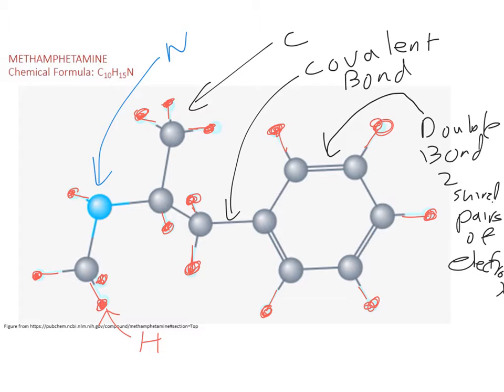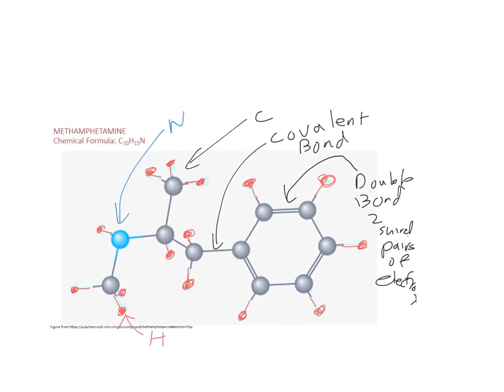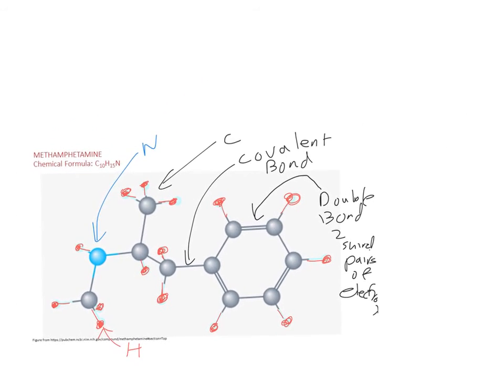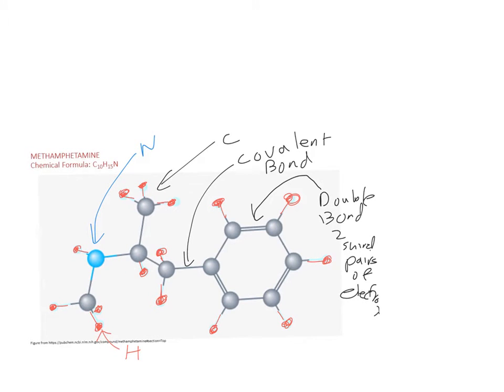Meth is a classic example of a type of compound known as an organic compound, and it necessitates us discussing organic chemistry. When a chemist says they're studying organic chemistry, it doesn't mean they're growing their chemicals without the use of pesticides.